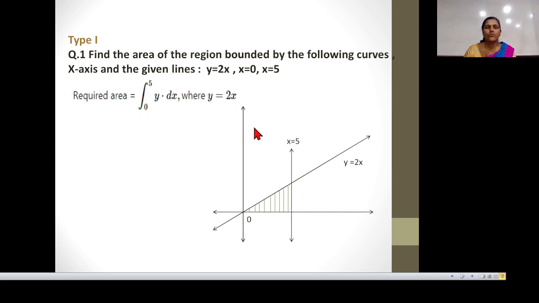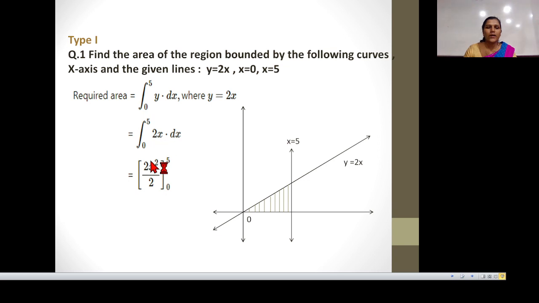So let us see how to solve this. Let our required area be integral from 0 to 5 of y dx. Here y is equal to 2x is given, so we are now replacing y with our curve, that is, 2x dx, and then we will integrate this term.